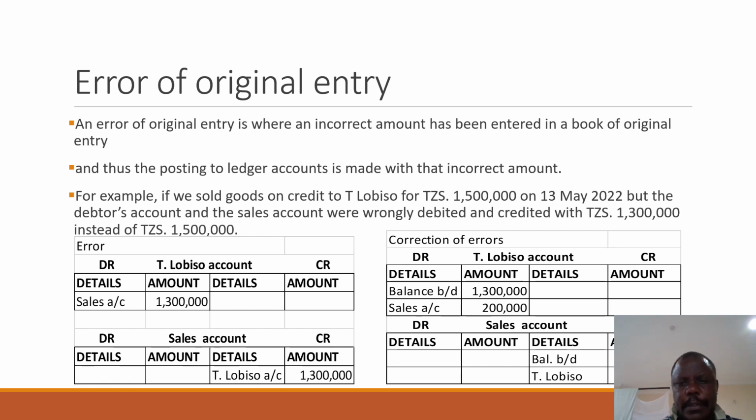So we are going to debit Tilobiso's account with the 200,000 so that the total is 1.5 million. Likewise, we are going to credit the sales account with the 200,000.